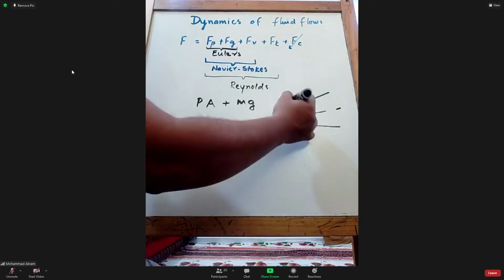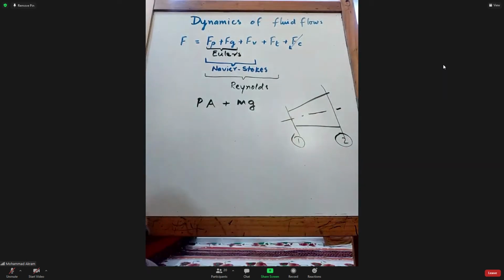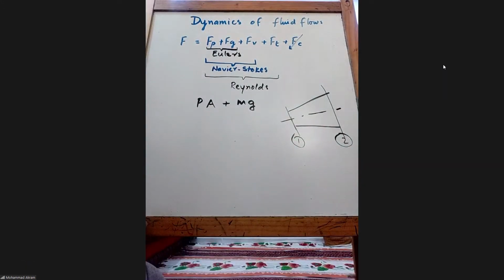If you apply at two different points, 1 and 2, then what will you get? The equation of motion, if you consider only pressure force and gravity force.